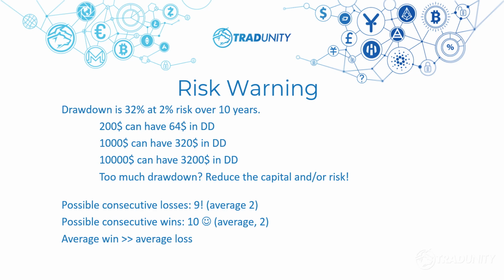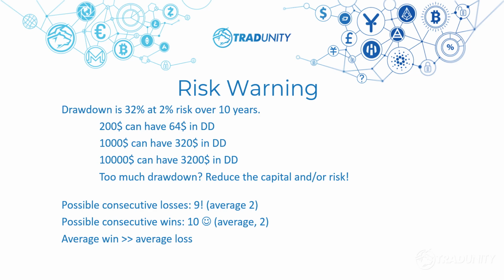It can be right away if you start at the wrong time, and from that it should normally recover, but the simulations are made on the past and there's no guarantee that there won't be a bigger drawdown, although that is quite a small chance. Anyway, continuing, if you have a capital of $1,000, you can have $320 lost in drawdown, which you will need to wait until it gets recovered.